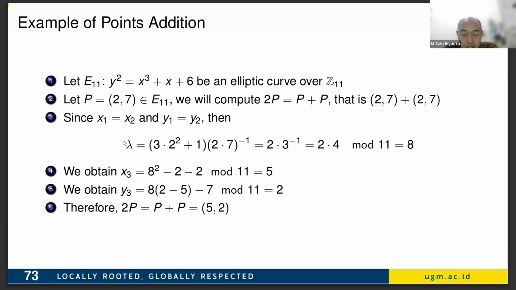We get that the value of lambda is 8, and we obtain the values of x3 and y3 like that. So 2P is P plus P, which is (5, 2).